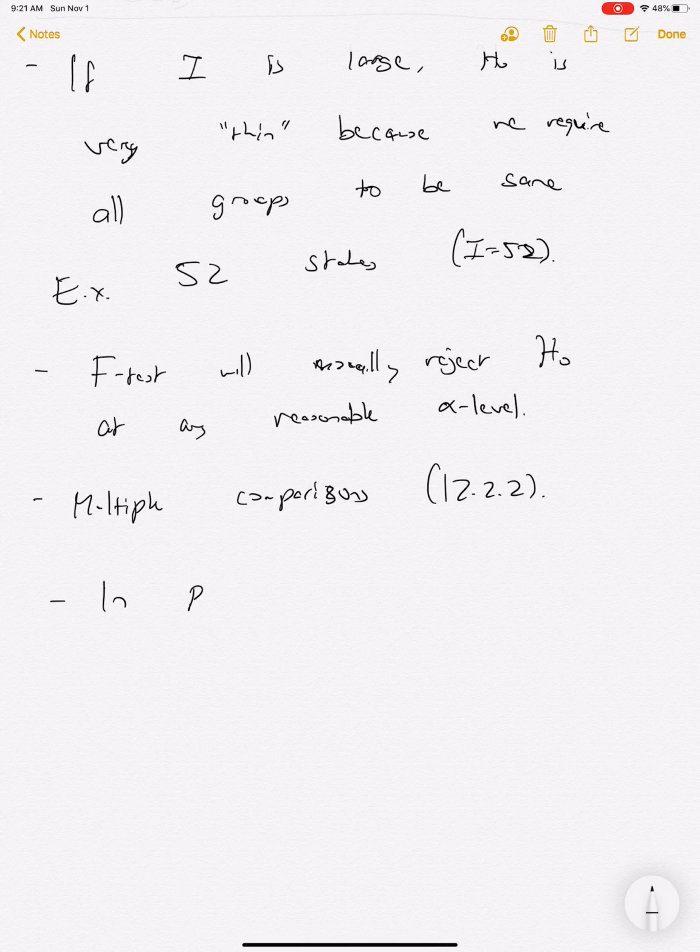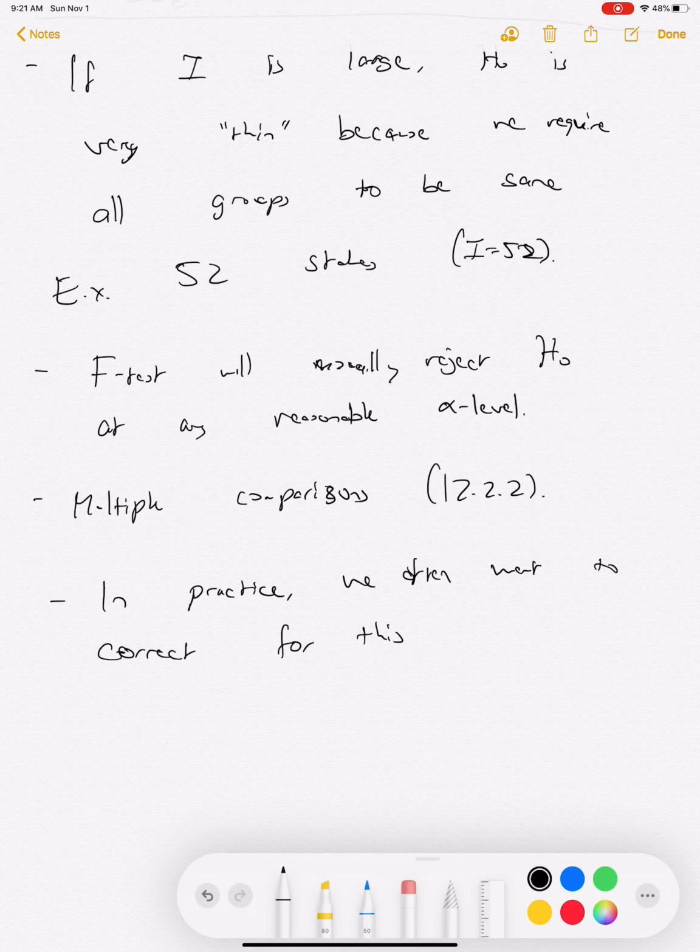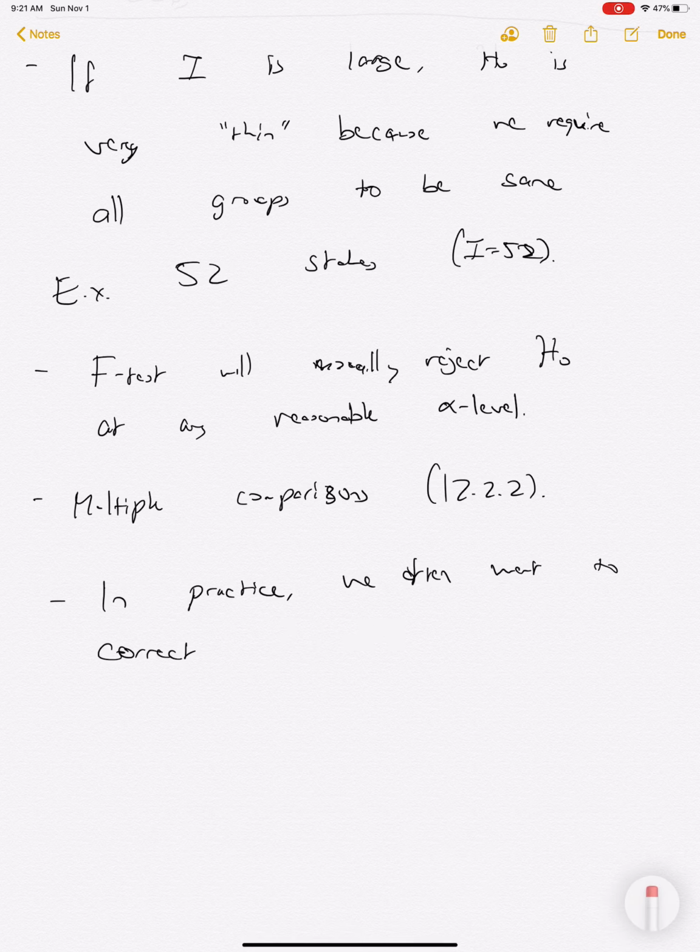So in practice, we often want to correct or adjust for this. Rather than correct, because there's nothing incorrect about what's being done, we want to adjust for this.